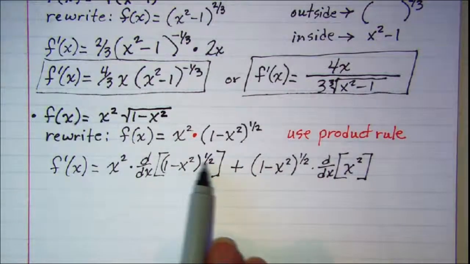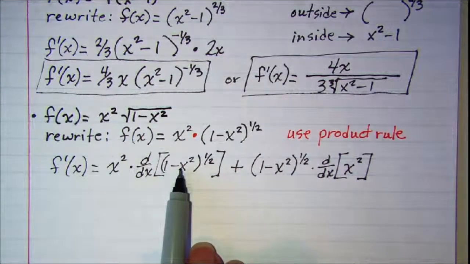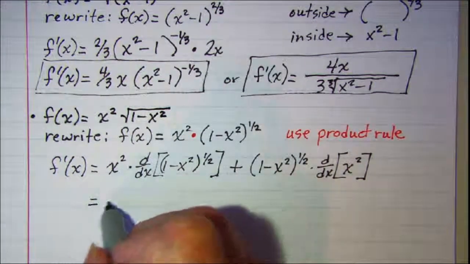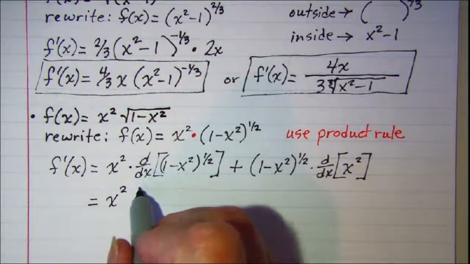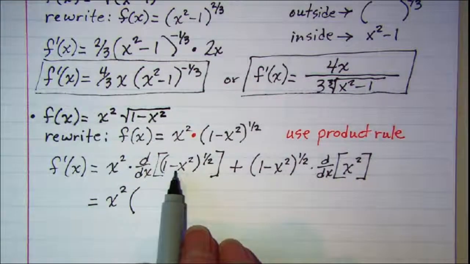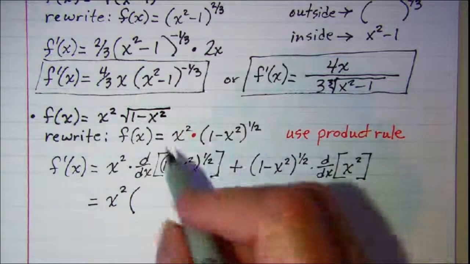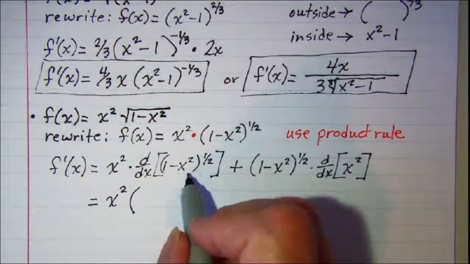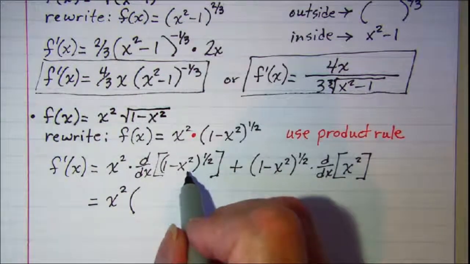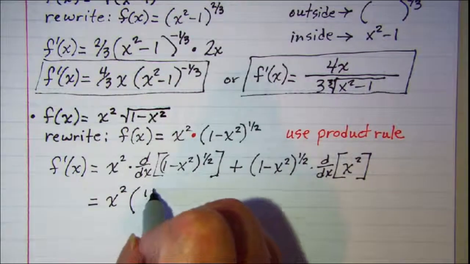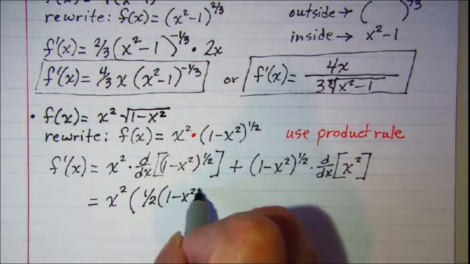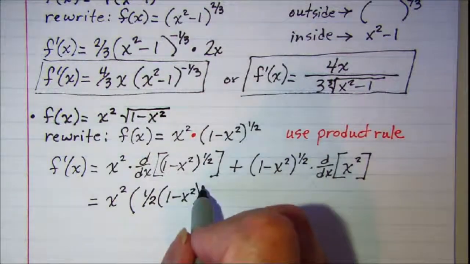Now to do this derivative, we need to use our chain rule, the outside-inside rule. So we have x squared multiplied by, the outside is that quantity to the 1/2 power. So if I take the derivative of that outside part, I have 1/2 times the quantity, and then reduce the exponent by 1.